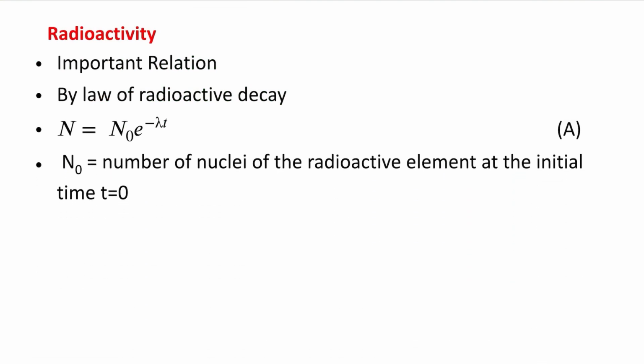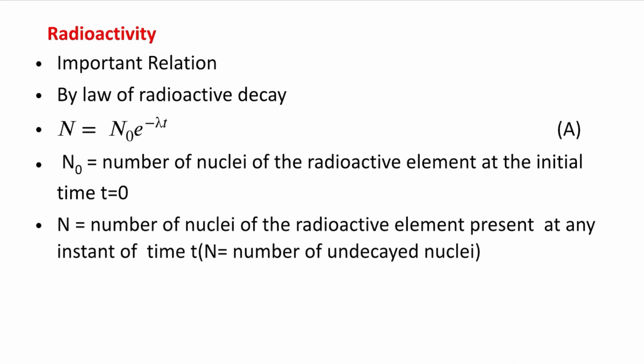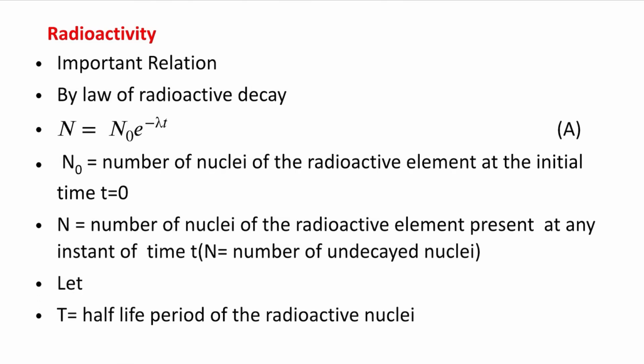Suppose this is our equation 1. Now I have just explained that N0 is the initial number of nuclei at time t equal to 0 and N is the number of nuclei at any instant of time t.